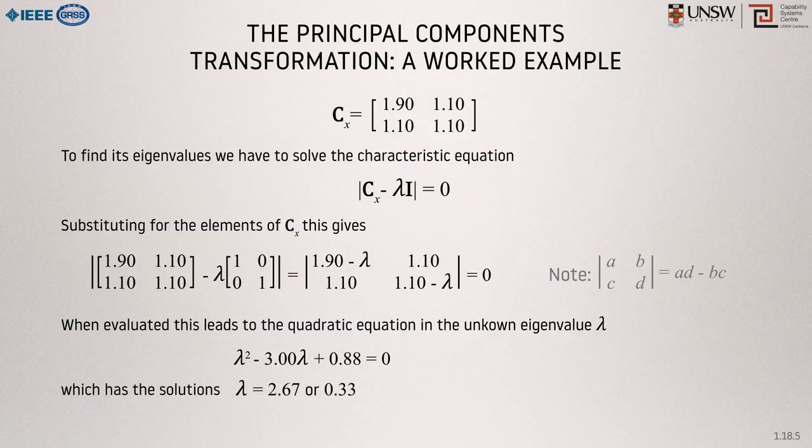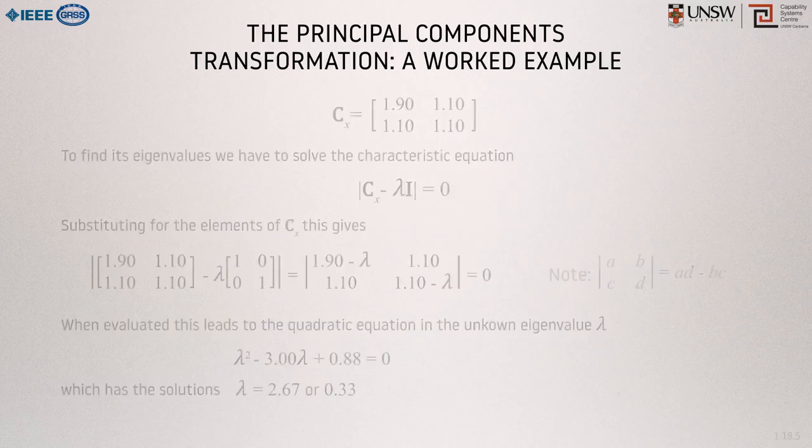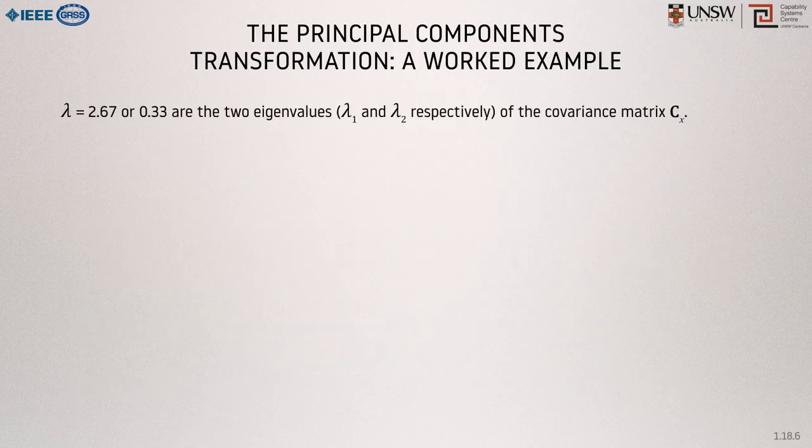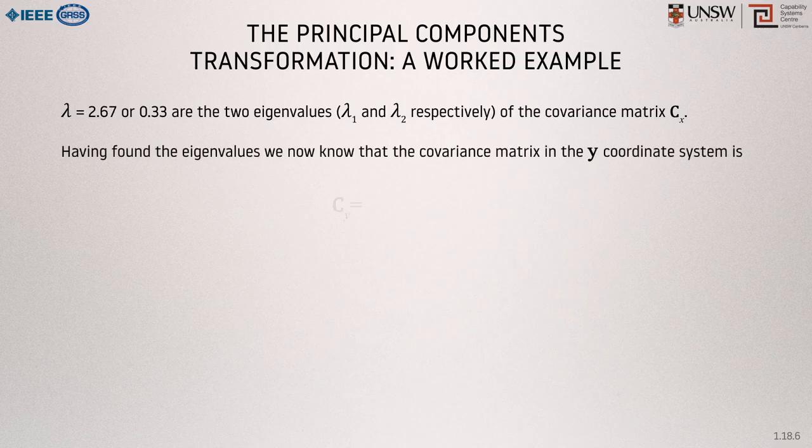What do they represent? The values of lambda are the eigenvalues of the covariance matrix of the data, that is the pixels, in the original coordinate system, that is, in the original set of bands. We can therefore write down immediately the covariance matrix in the new principal components coordinates, which, remember, is the diagonal matrix of eigenvalues.